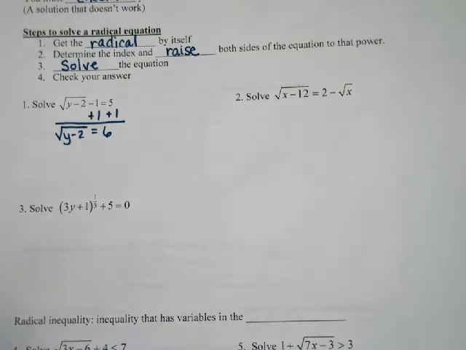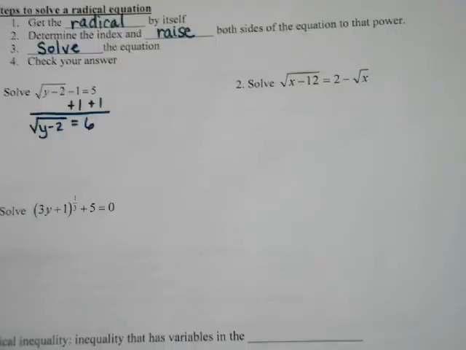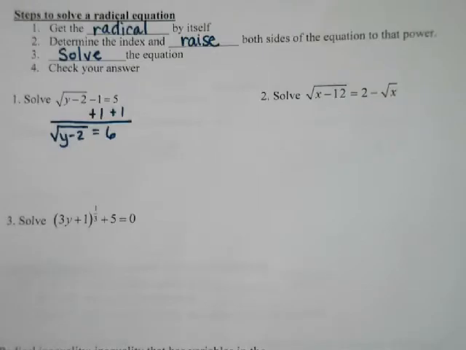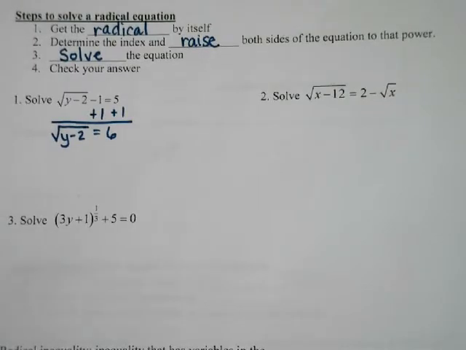Okay, so the first step said get the radical by itself. The second step says determine the index. What's my index? If there isn't one, we assume it to be a 2, right?